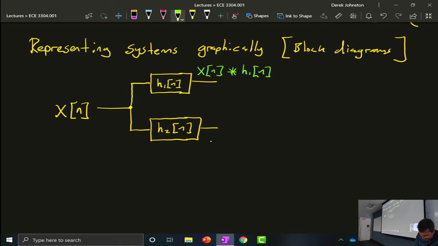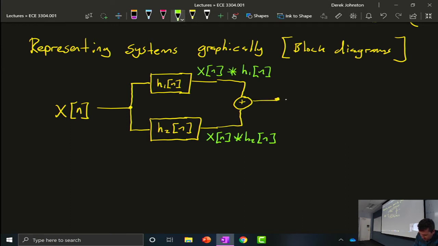X of n convolved with h2 of n. And then we might bring them back together using a little circle with a plus sign in it. But we can guess what that does.